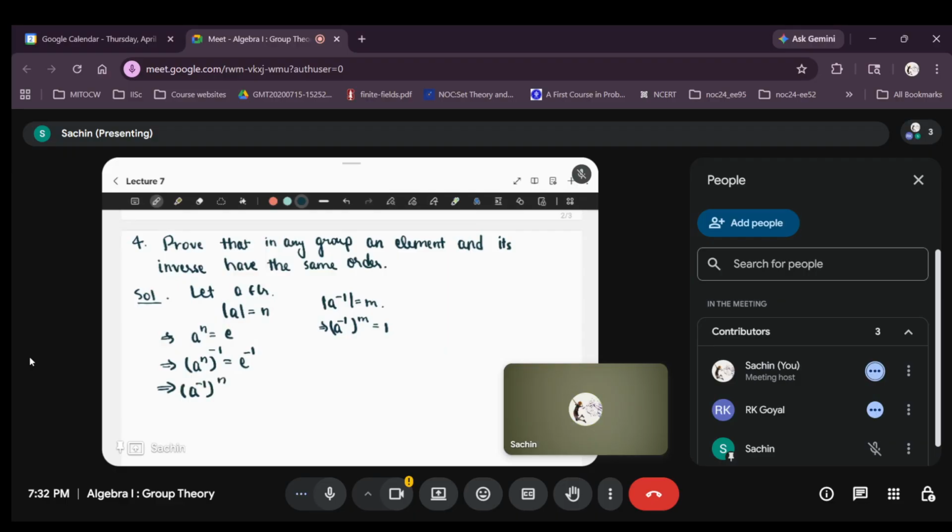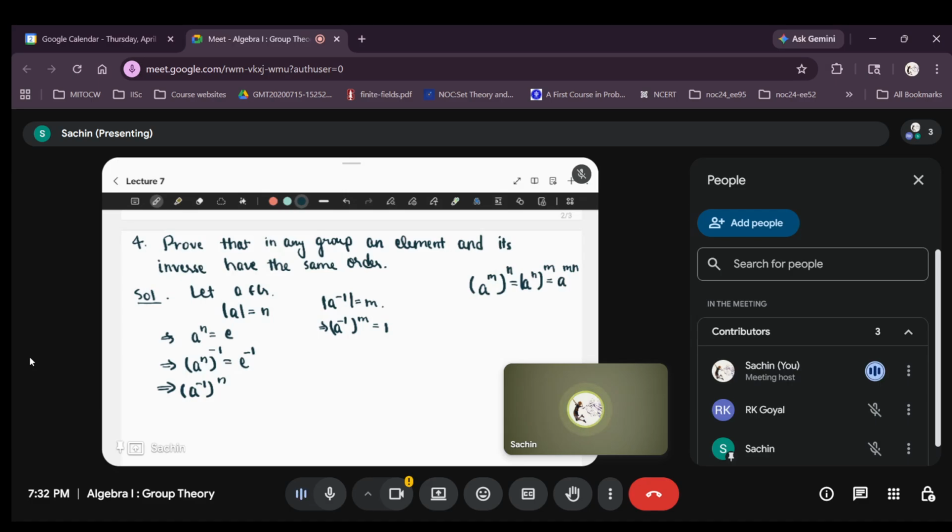We saw in one of the earlier lectures that the laws of exponents hold here. For as long as m and n are integers, you can write A power m power n as A power n power m, and you can write this as A power mn.